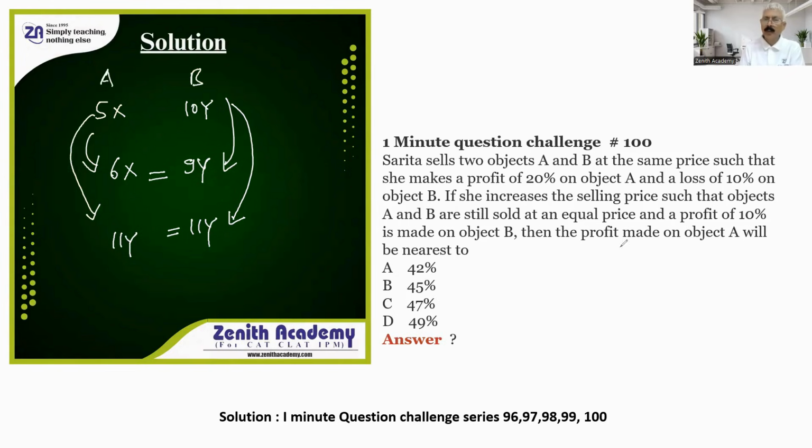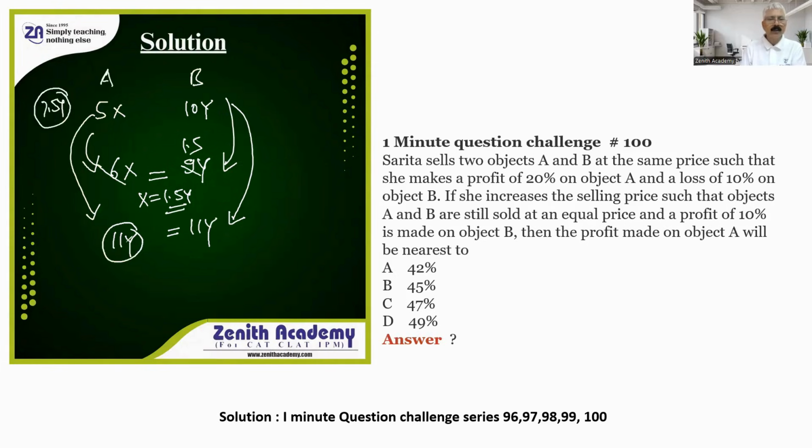Then the profit made on object A will be nearest to what? So look here. It is 6x equal to 9y. So y is 1.5x, or x is equal to y times 1.5. If I take the value of x as 1.5, then the cost is 7.5.